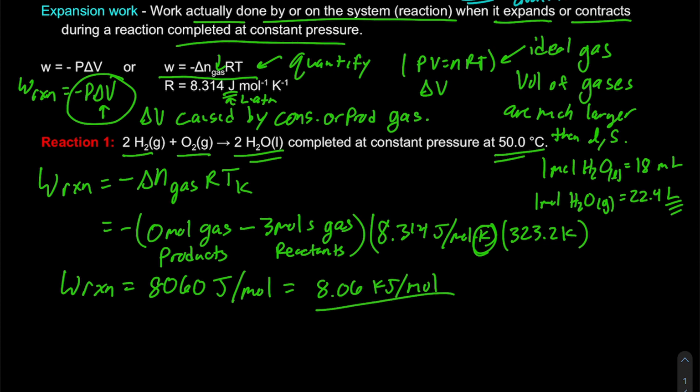That's the amount of work done when it expands, so 8 kilojoules versus the 474 kilojoules released in the form of Gibbs free energy. And again, this is the work actually done when the reaction expands.